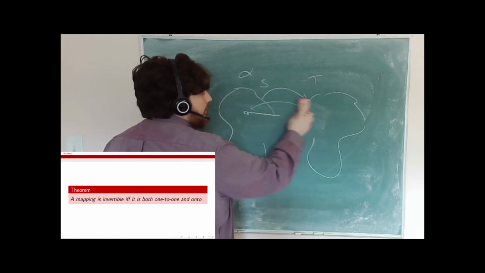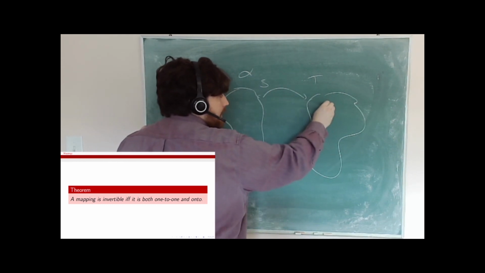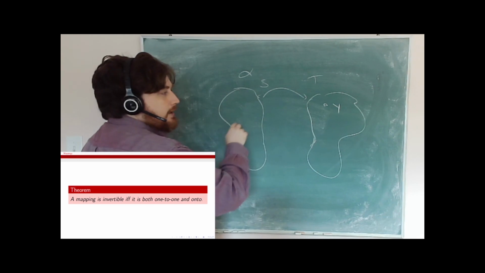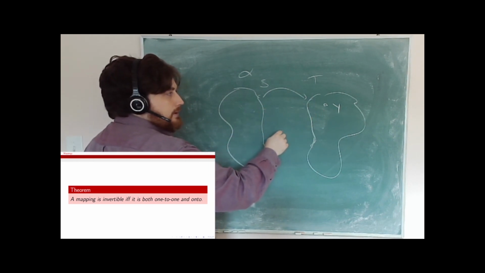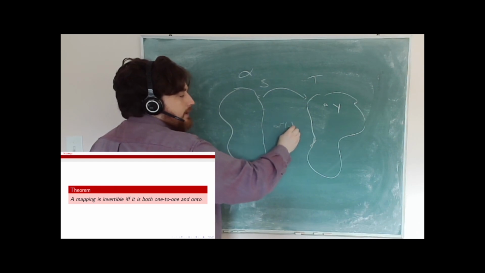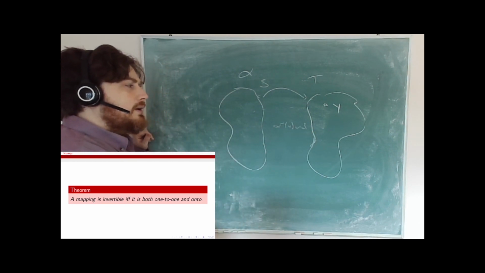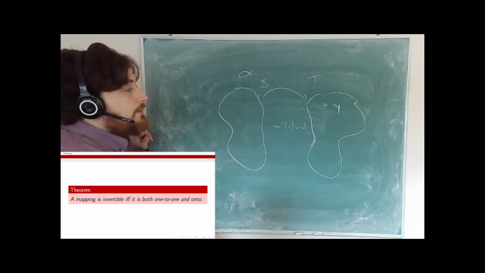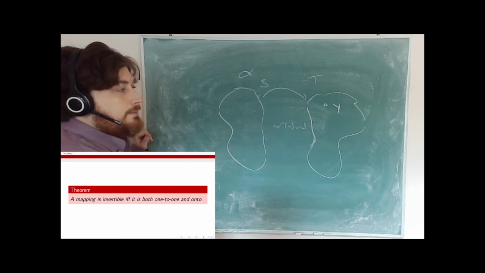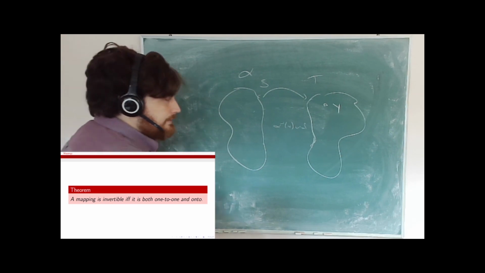If we're not onto, then there exists something in here which does not get mapped to over here. So when I try to do the inverse, alpha inverse of y is going to be undefined. Therefore, the inverse will not exist as a well-defined mapping. So if I'm not one-to-one, I'm not invertible. If I'm not onto, I'm not invertible.